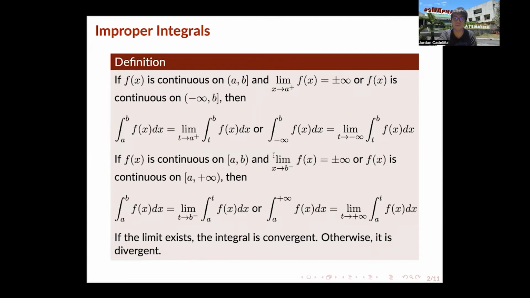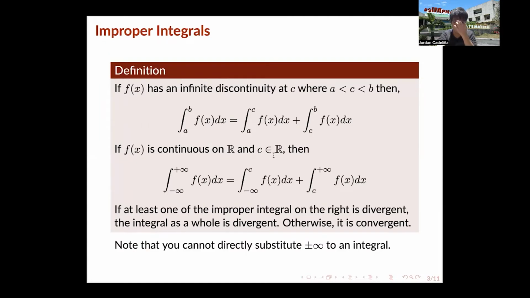para magamit natin itong mga definitions na nandito. So likewise, dito naman, pag continuous naman si f of x sa all real numbers and c is in the set of all real numbers, then yung integral from negative infinity to positive infinity of f of x dx is equal sa dalawang integral na ito.